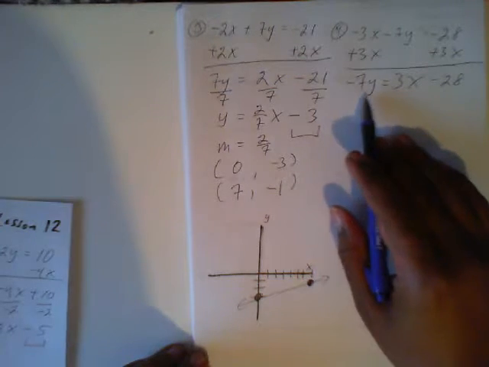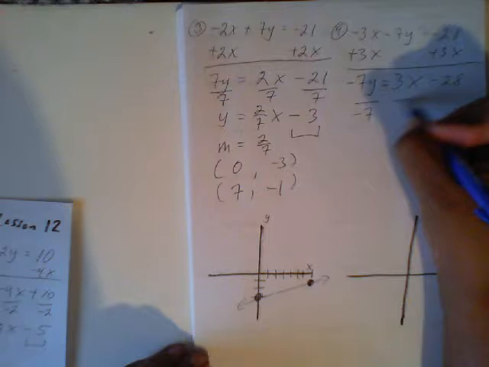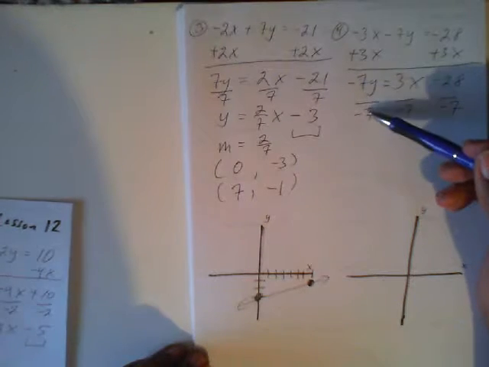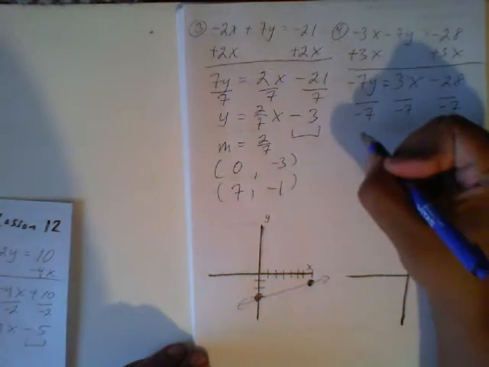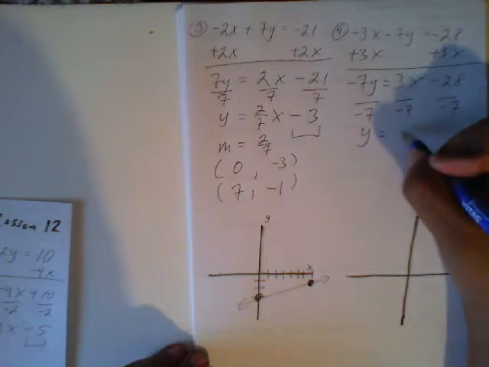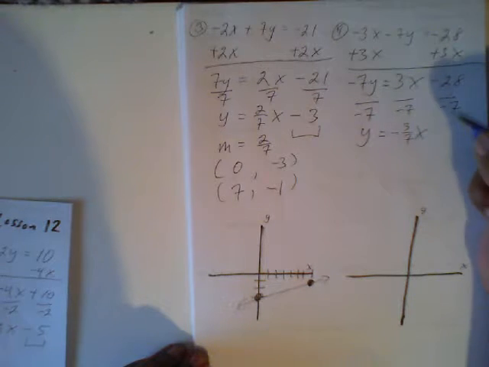And next, I'm going to divide by -7. Okay. -7 divided by -7 leaves us with 1y. And 3 divided by -7 leaves us with -3/7 x.